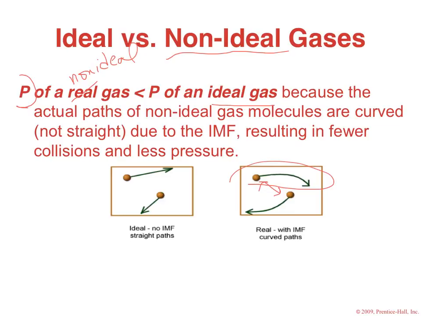So they kind of bend toward each other. Whereas you remember the assumption of kinetic molecular theory is that there are no interactions between the gas particles. Because the gases curve toward each other, that makes the pressure of a non-ideal gas less. It has fewer collisions with the container because it's curved a little bit.